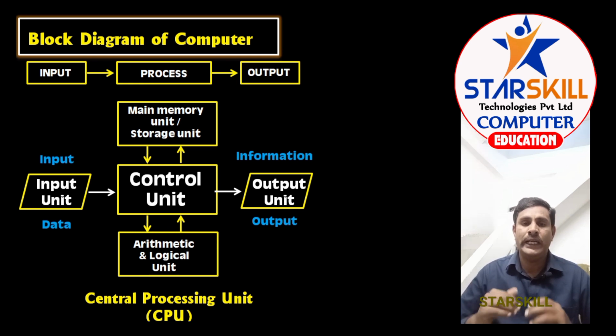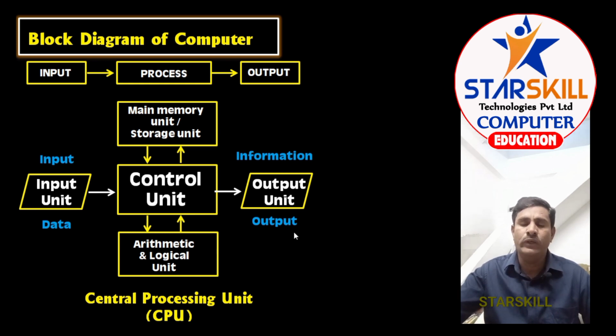Input means what is ready to be given, such as input presented in papers, diagrammatical formats, and other formats. Data means what is already given to the computer, what is ready to type, or what we are giving to the computer.